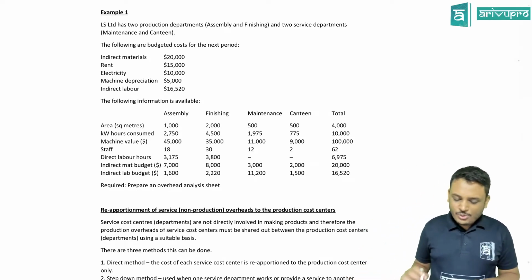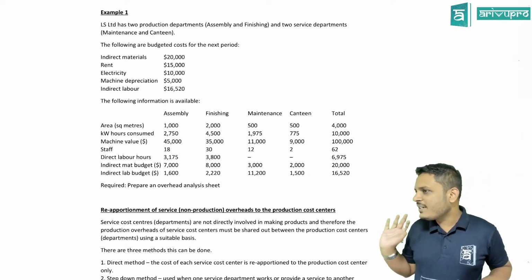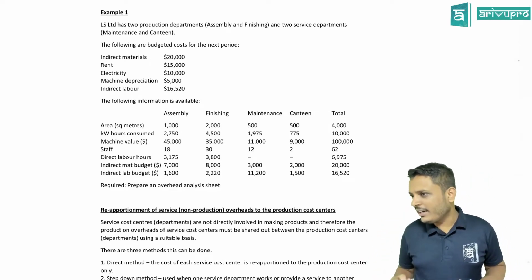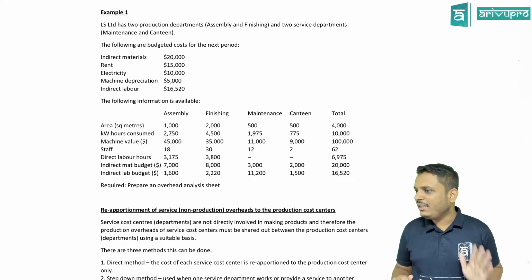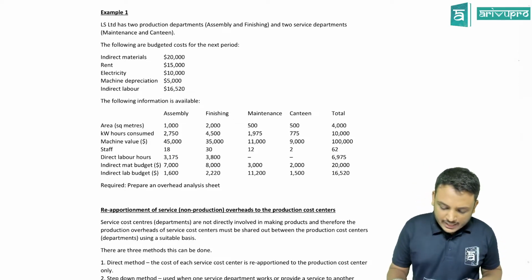Now, let's do example number 1. Just concentrate on the way that I am doing it. Don't try to do it now, I'll give you time to copy later. But concentrate. Okay.